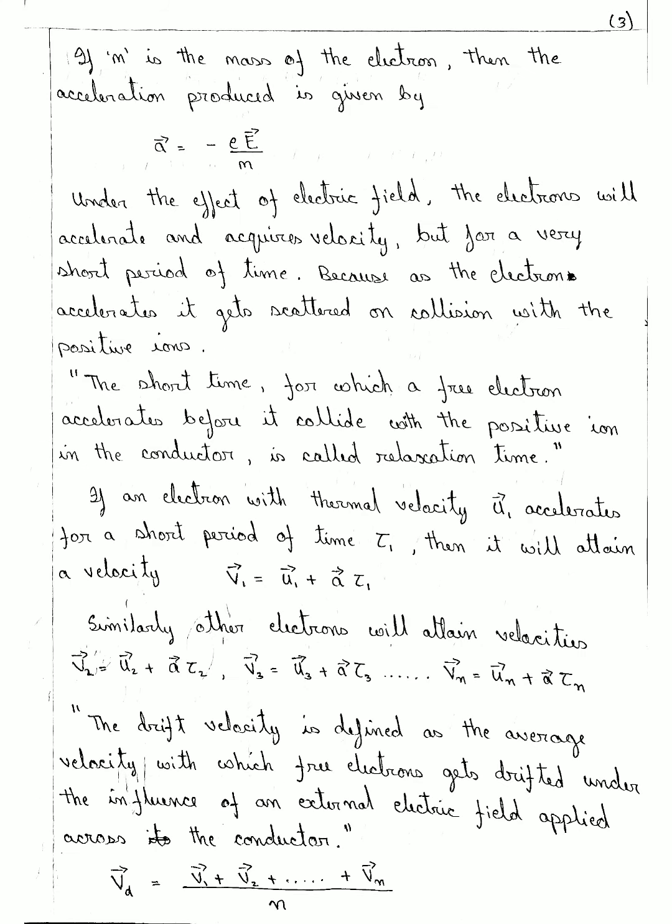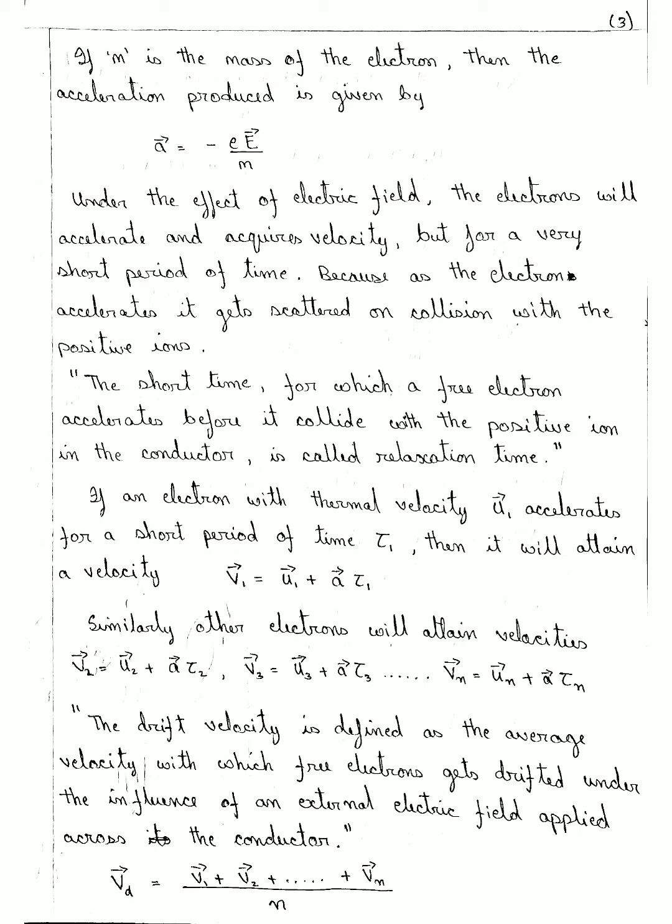If m is the mass of the electron, then using Newton's second law, force equals mass into acceleration, so acceleration equals minus eE divided by m. Under the effect of the electric field, the electrons will accelerate and acquire velocity.